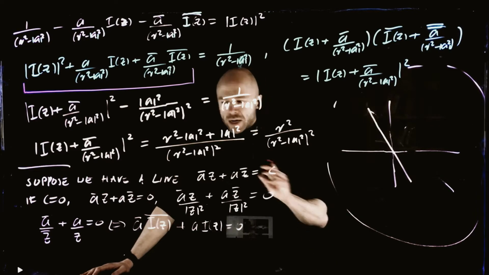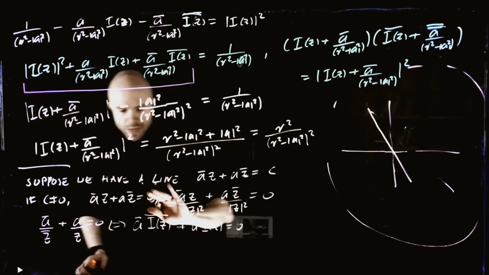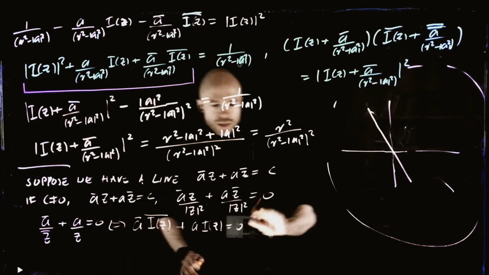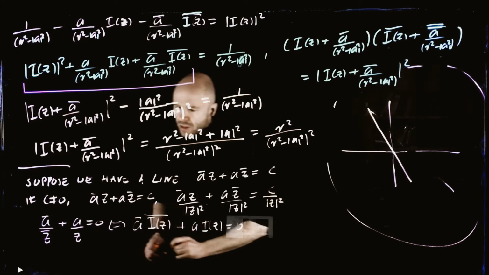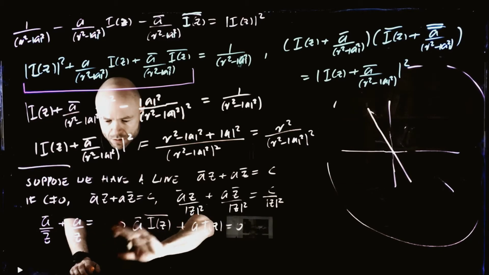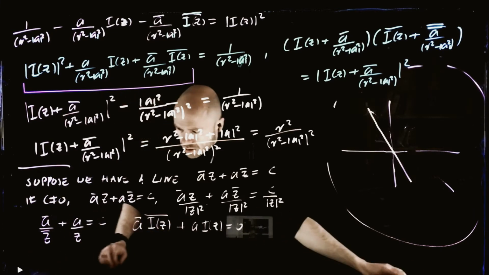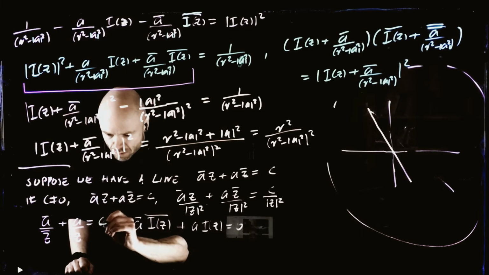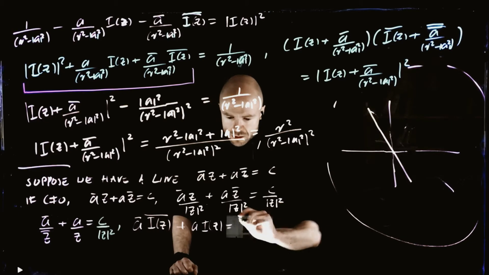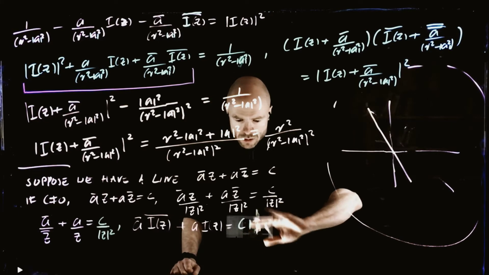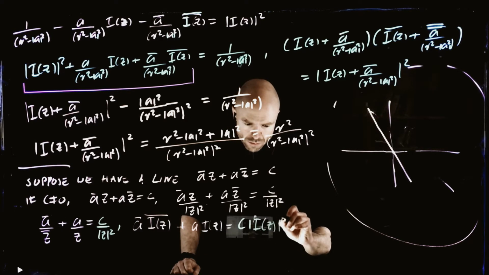All right, so now suppose C is not equal to 0. So then we have this, and when we do this, we get this, which gives us this.